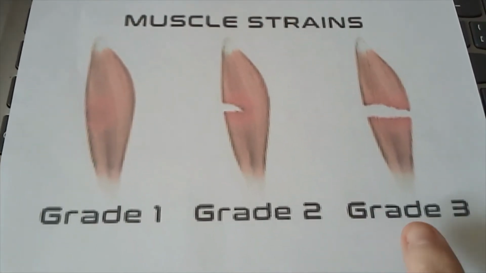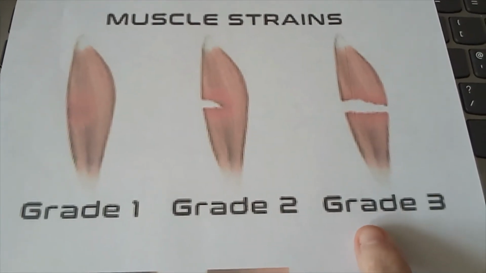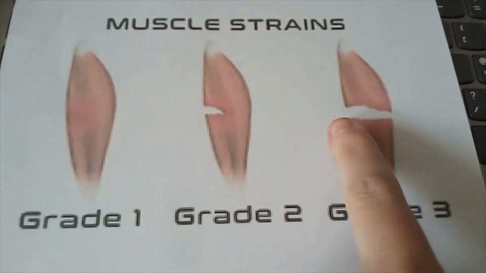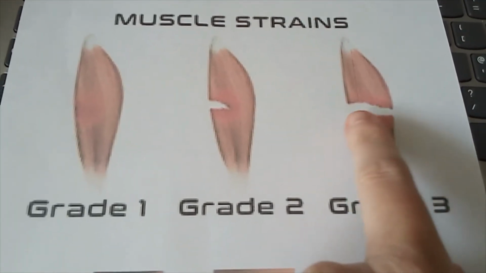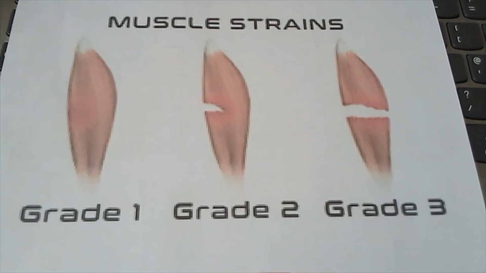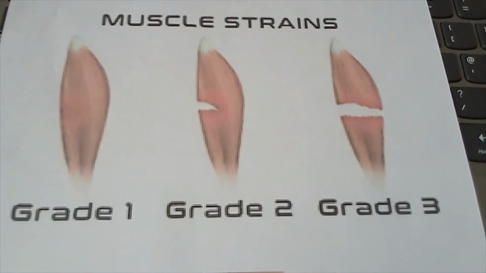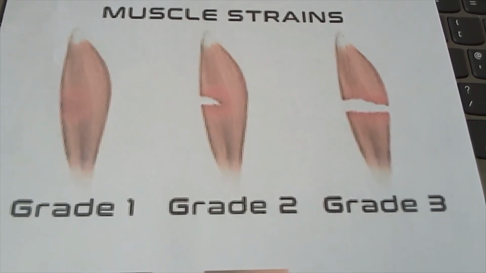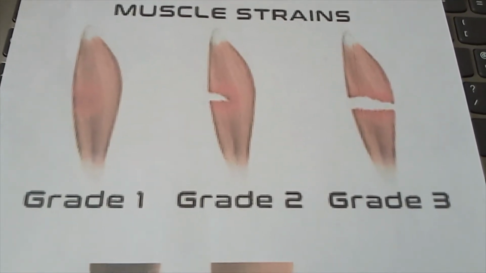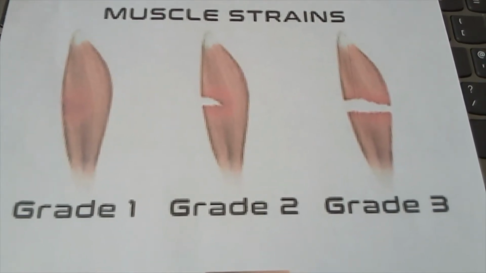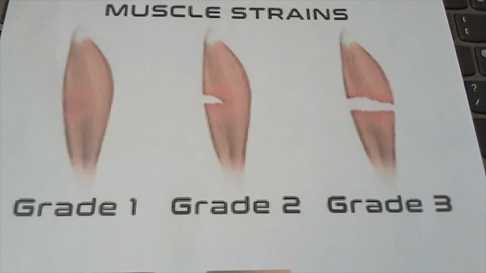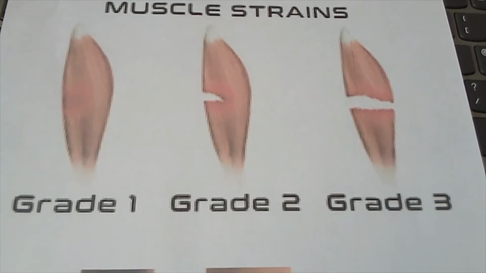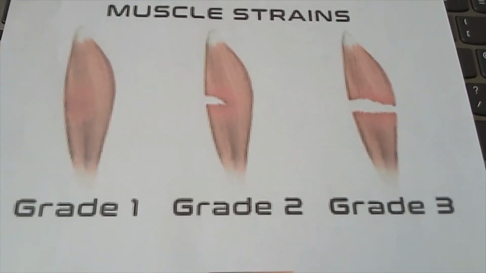But the most severe type of strain is a grade 3. Now, grade 3 muscle strain is basically a complete muscle rupture. So the muscle is completely torn, which understandably is going to result in severe pain, bruising, and inability to walk. And the muscle may collapse into a lump, which can be seen and felt through the skin.